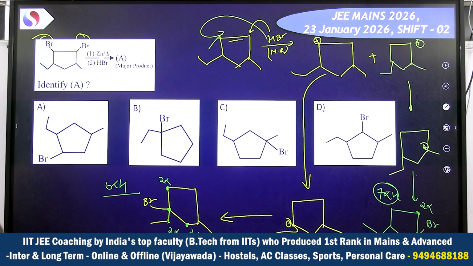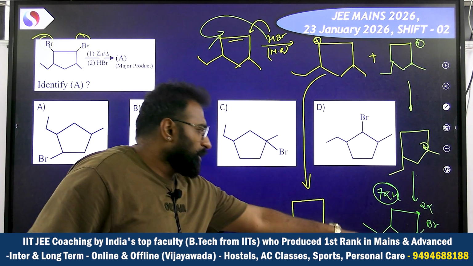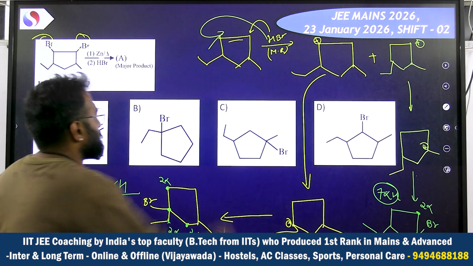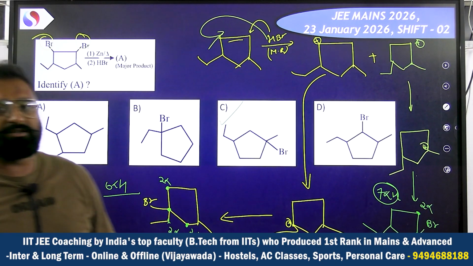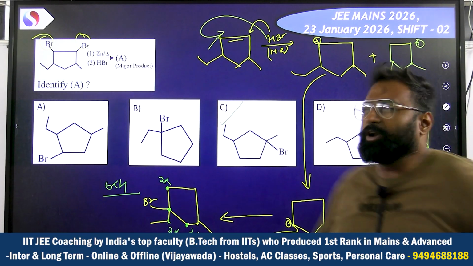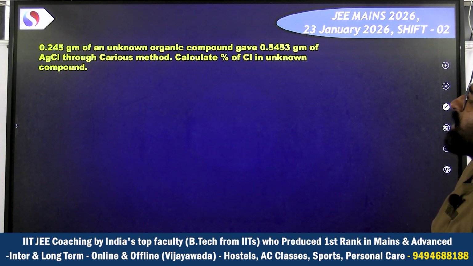Obviously hyperconjugation makes the carbocation more stable. So the correct answer will be this one, option number C. It is not a tricky question, but you need to understand the stability as per hyperconjugation.